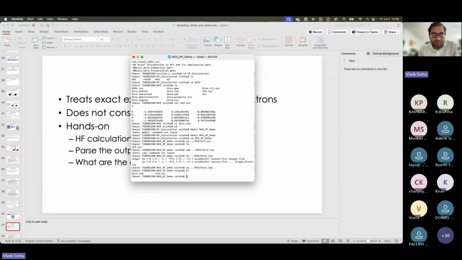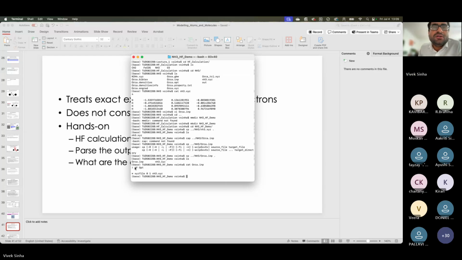Okay. So if you want to create an ORCA input file, it should look like this. You need to provide an exclamation sign, HF opt, and then you just have to provide star xyz, charge 0, multiplicity 1, and the name of your molecular file. It might be better to actually put it on the drive as well.